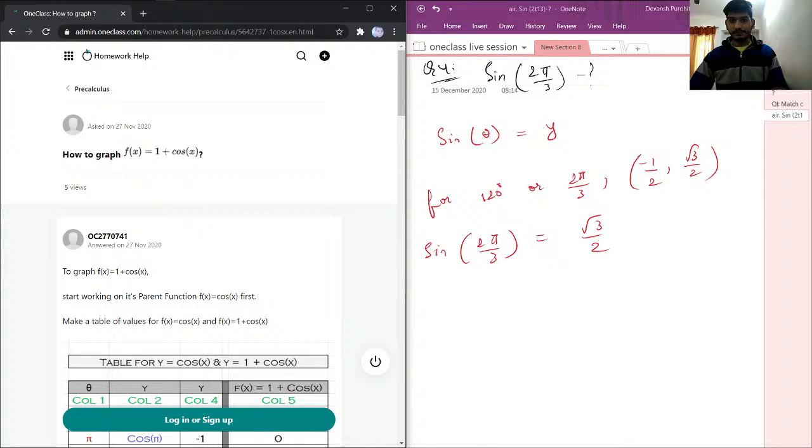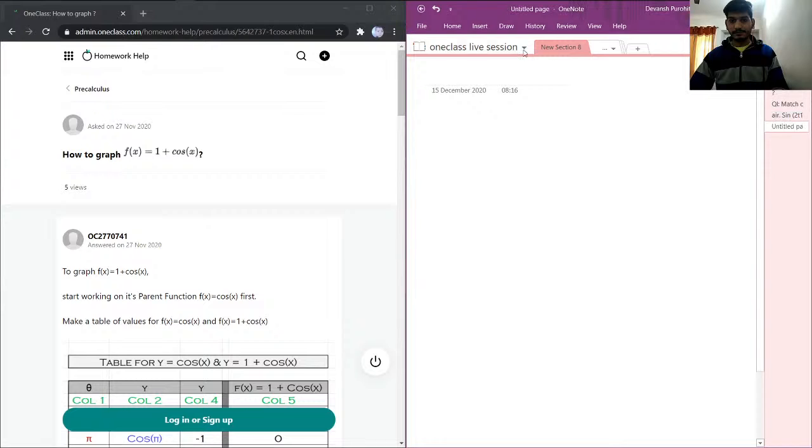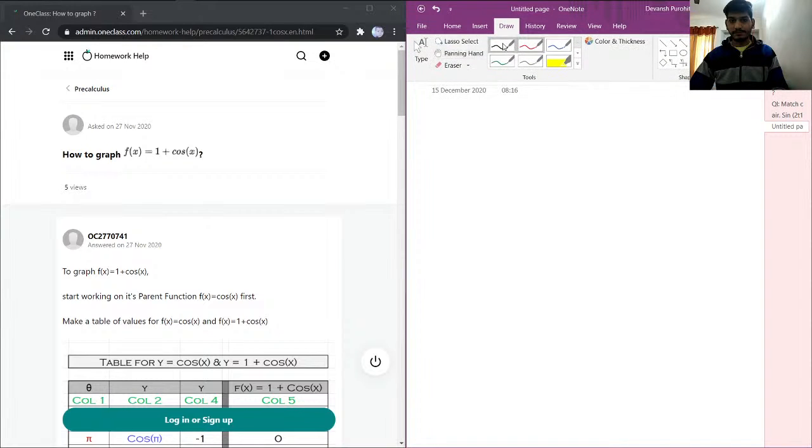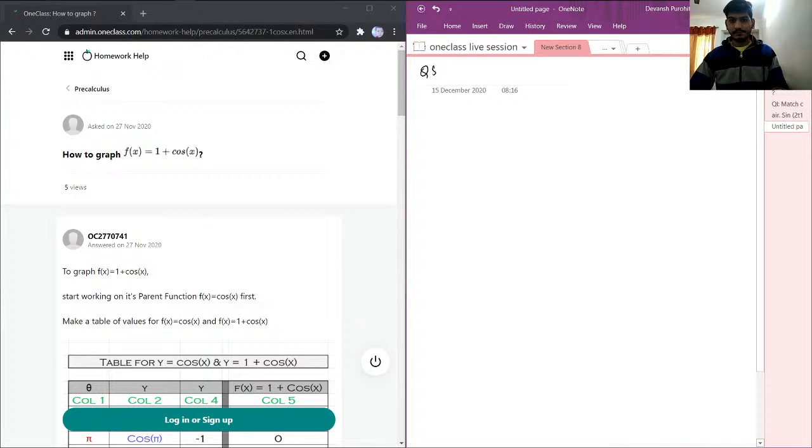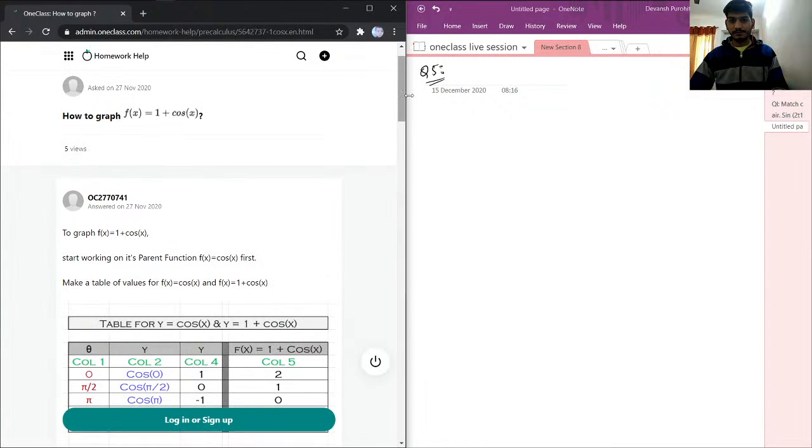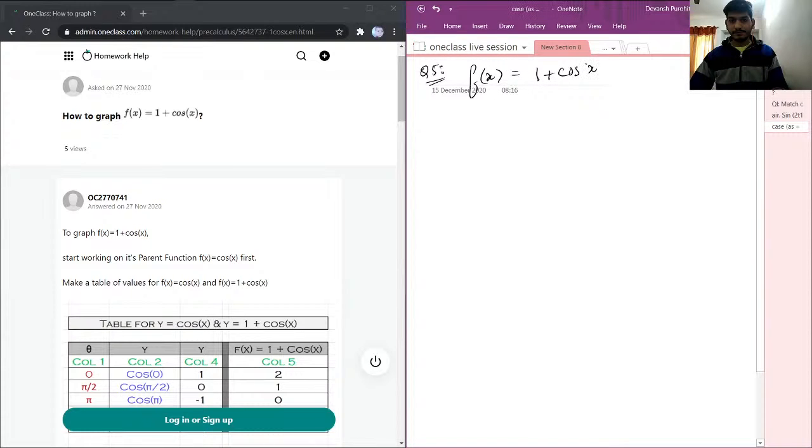We'll go for question number 5. For question number 5, we need to graph 1 plus cosine of x.